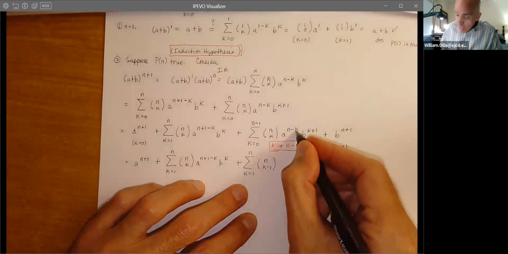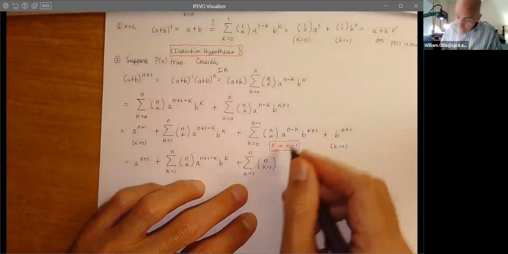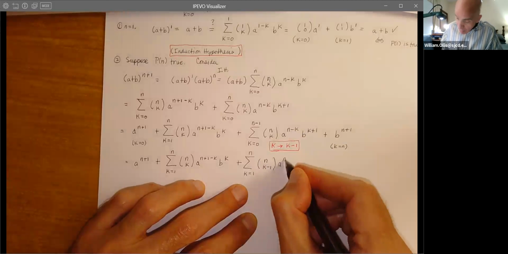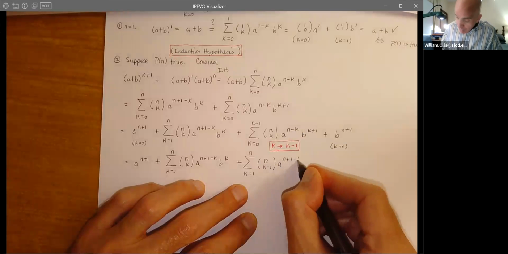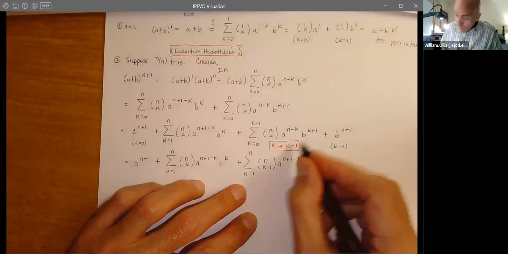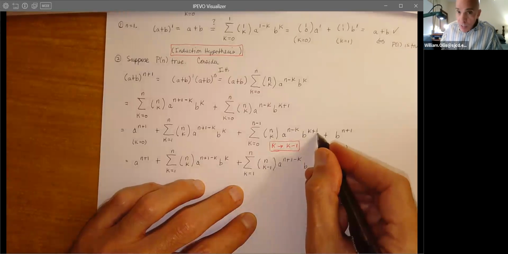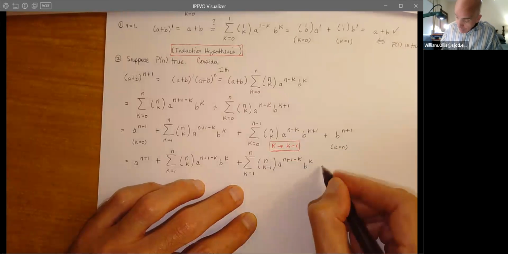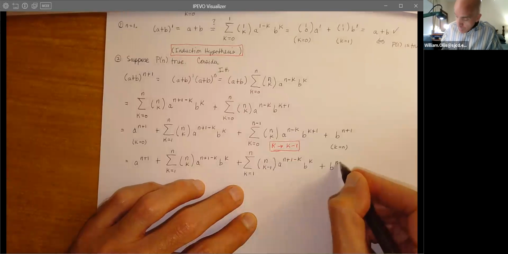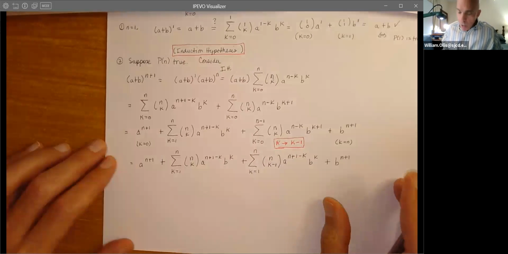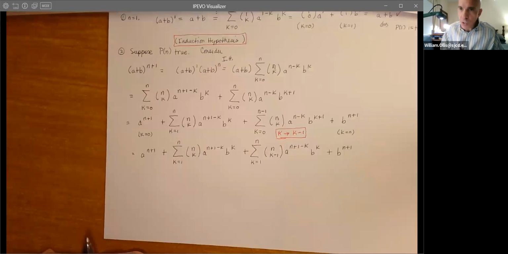And if we replace K with K minus 1 here, we get minus a negative 1. So this is a to the n plus 1 minus K. And then, of course, if we replace K with K minus 1, the 1's absorb, and we just get K. So this is what we did with the geometric. So I wanted to go back to this computation.